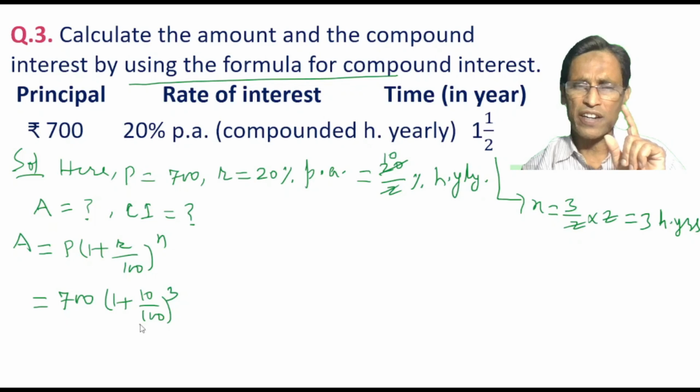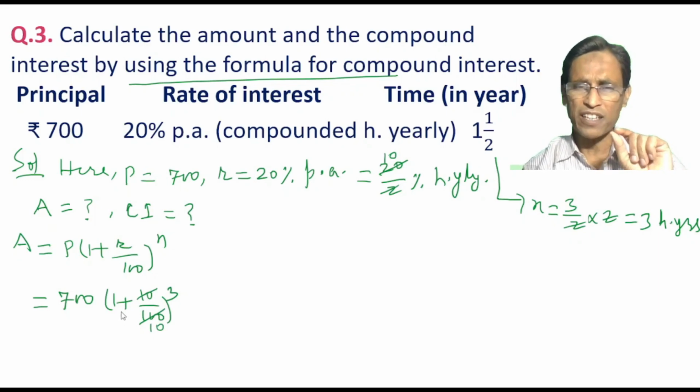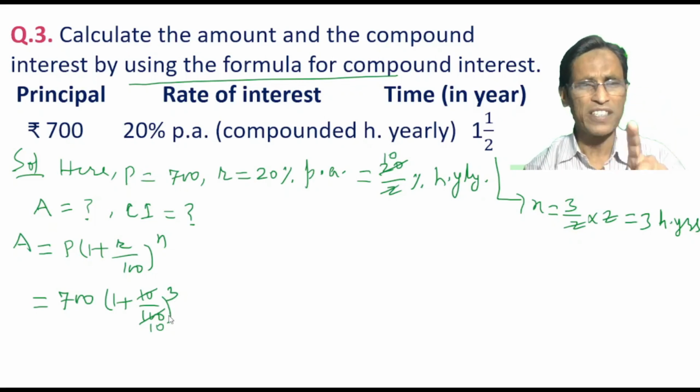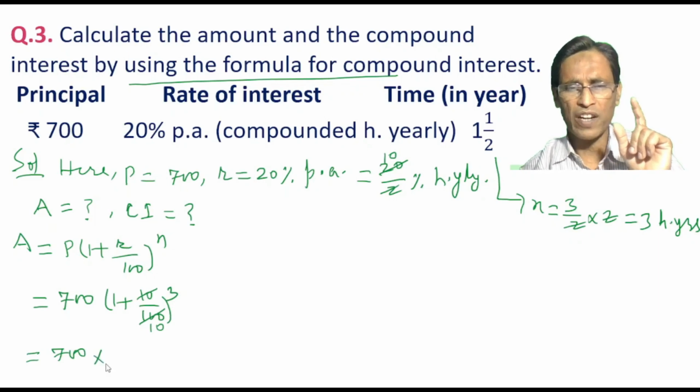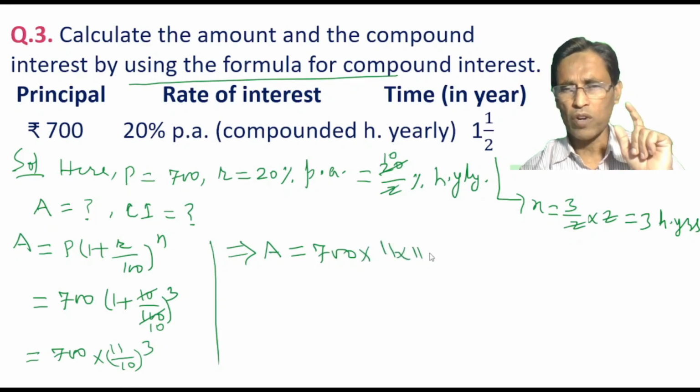Clearly 100 is divisible by 10 in 10 times and so now in simplification the term under bracket comes 1 plus 1 by 10 to the power 3, means 11 by 10 to the power 3, and so in the next step 700 into 11 by 10 to the power 3 we get A, 700 into 11 into 11 into 11 by 10 into 10 into 10.